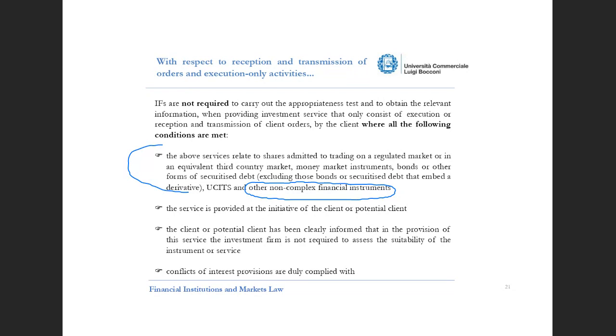This might be useful because since execution-only activities are excluded from the appropriateness test, these are services which are less expensive. The commissions that are applied for these services are lower because the level of compliance that the investment firm needs to carry on is lower than the one that applies in the context of the appropriateness procedure.